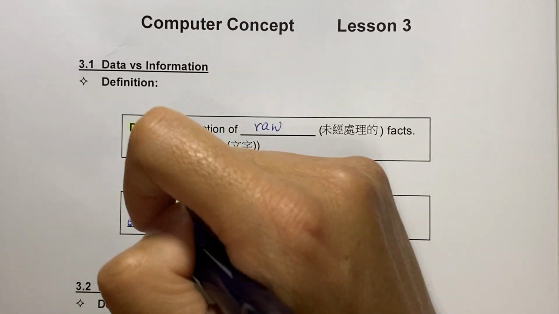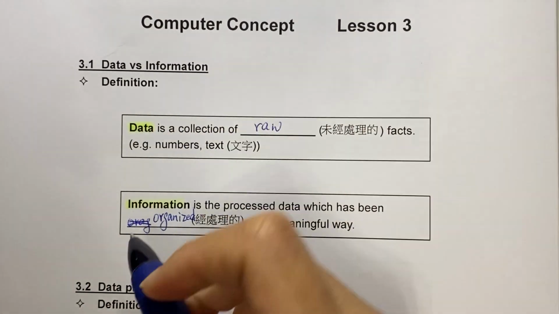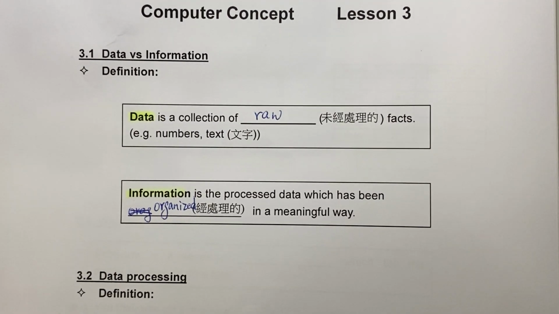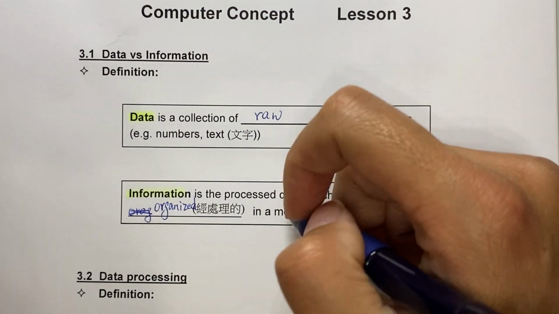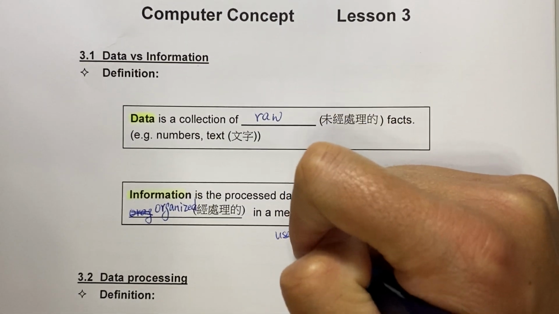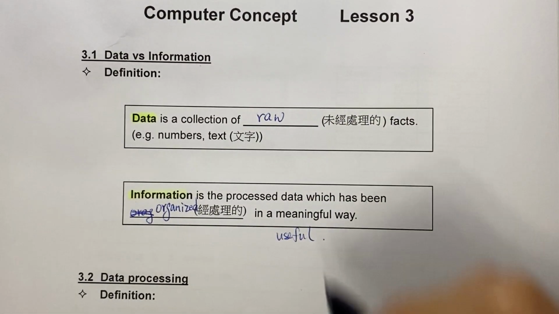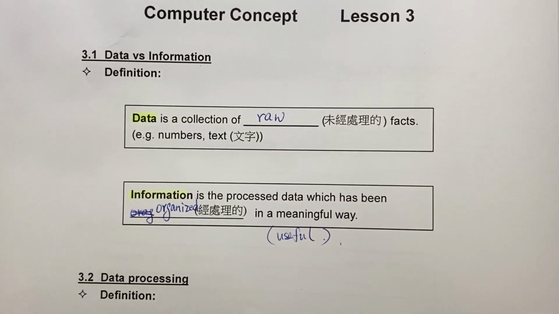Sorry, I have made some mistakes. If the data is being processed, such as if we organize it so that it is meaningful or useful for future use, we call that information. So, very simple.